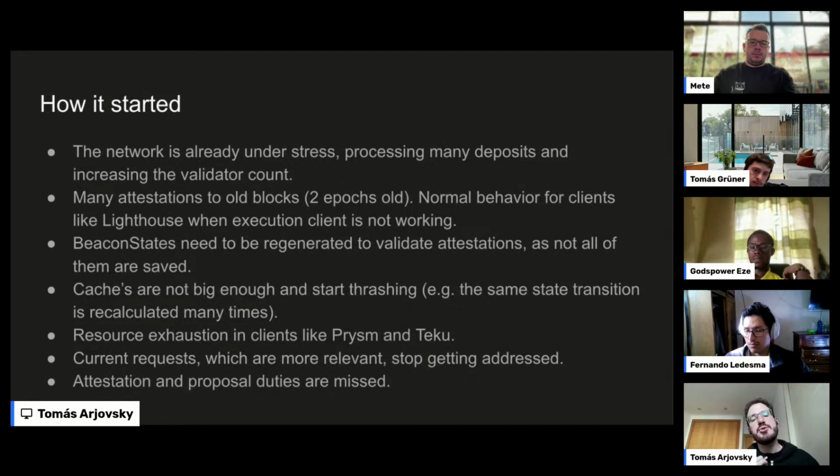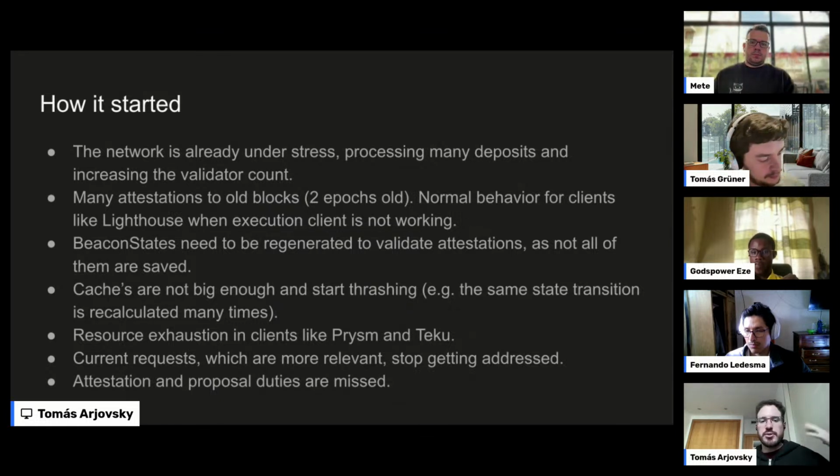The issue is that if you need to validate an old attestation, some of the clients need to revive old beacon states. We currently save all of them in a DB, but that's extremely costly in terms of space. What other clients do for now is they don't save all of the states, they just save some of them, and then they recompute the states.